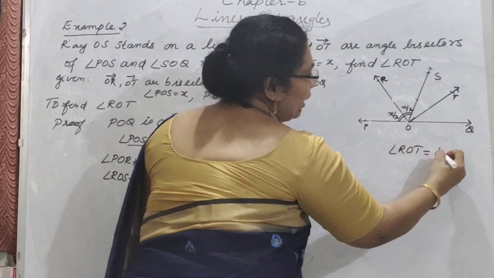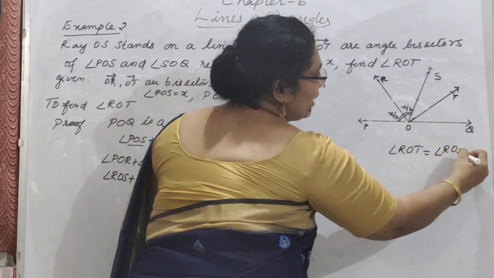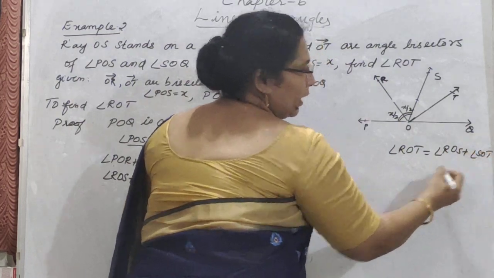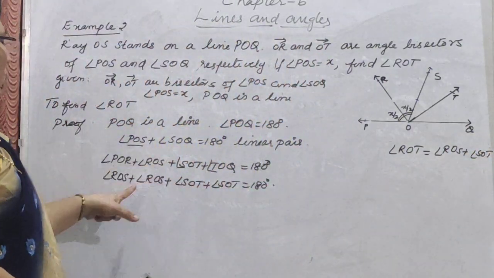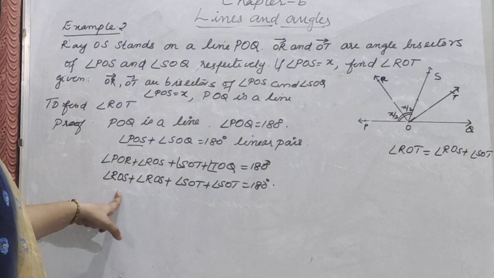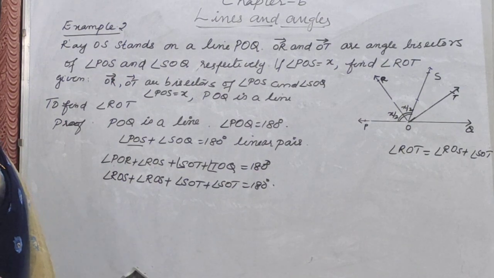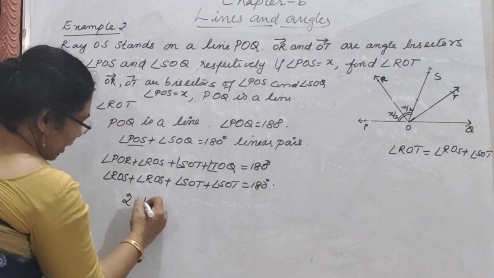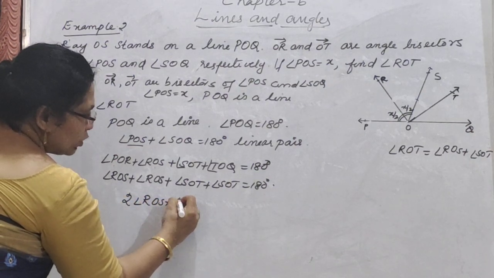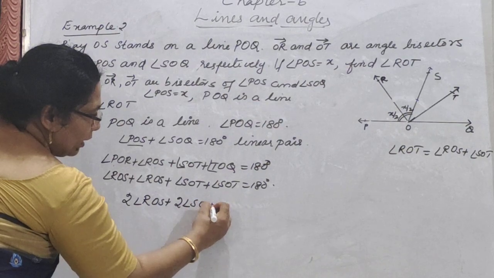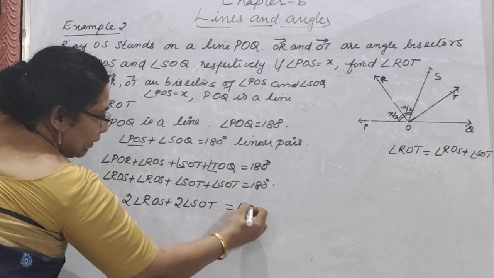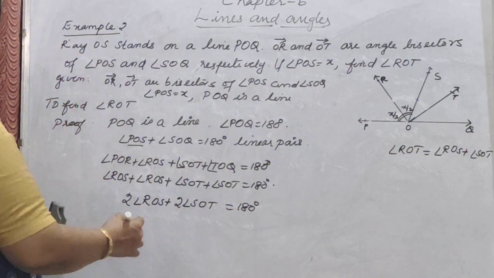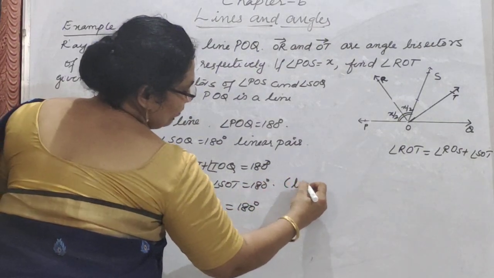So ROT means ROS plus SOT only, right? So we are bringing this statement in terms of angle ROS and angle SOT only. So we have got 2 times angle ROS plus 2 times angle SOT equal to 180 degree. Here you can write bisector property as the reason.